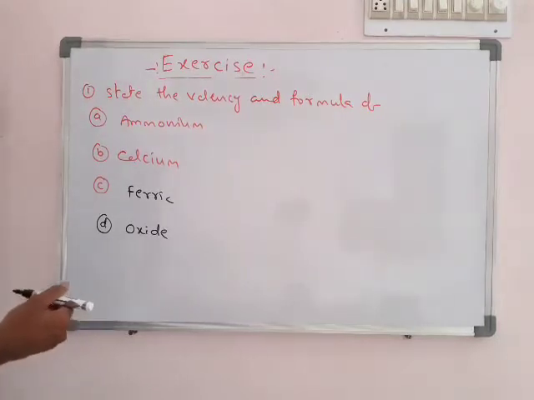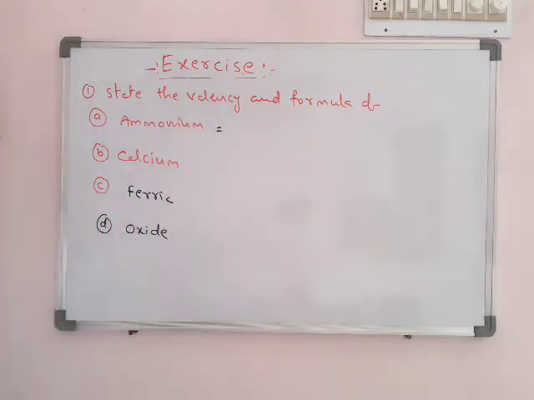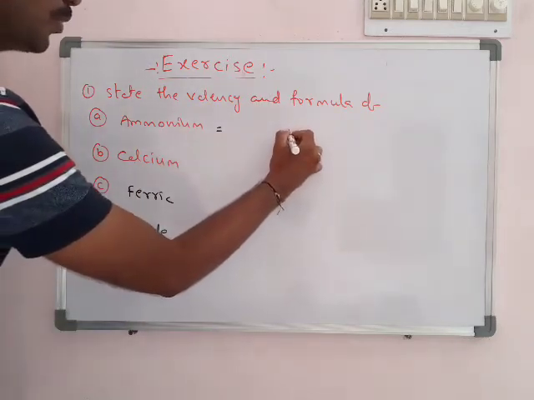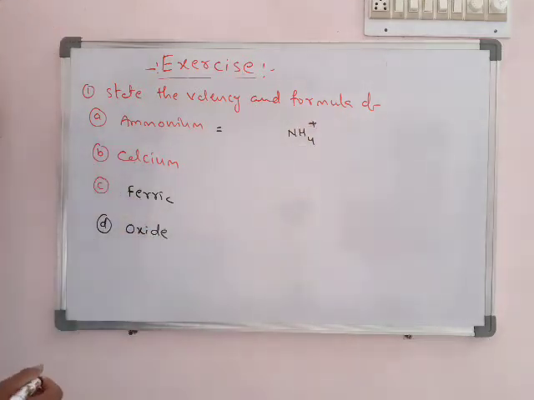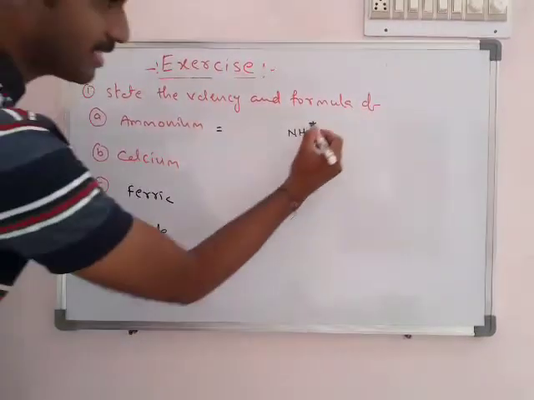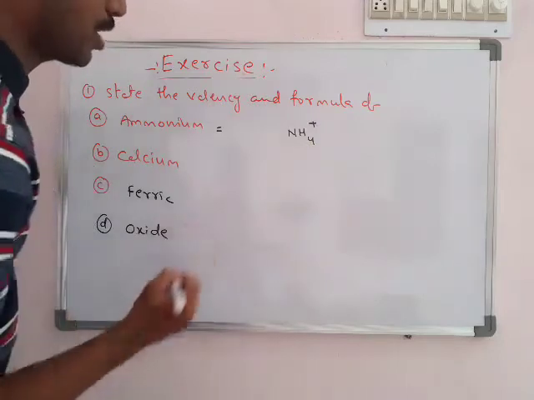So what is the ammonium ion? In the ammonium ion, what is the valency? What is the formula of ammonium? We know that ammonium is NH4 plus. What is the charge present? Charge means how many units of positive charge: 1 positive unit.